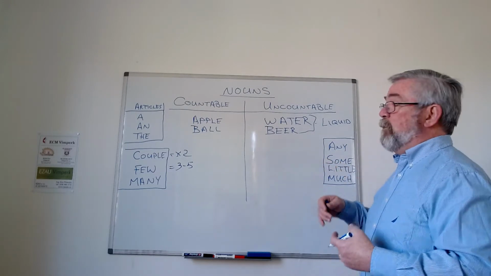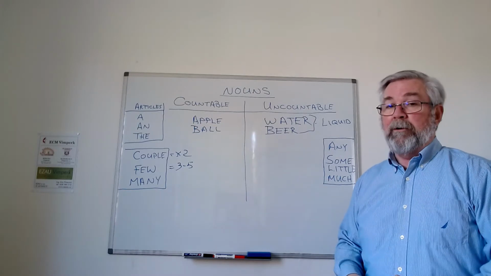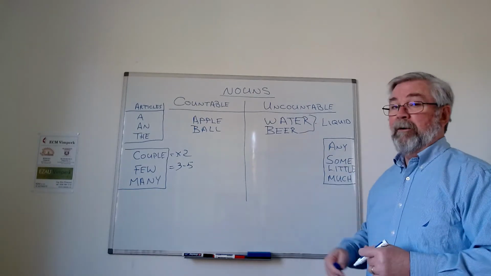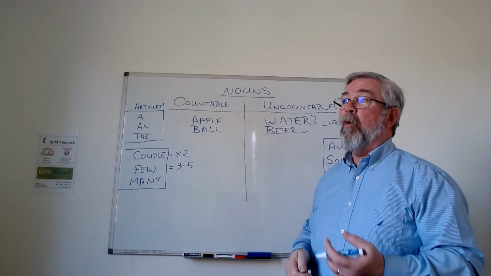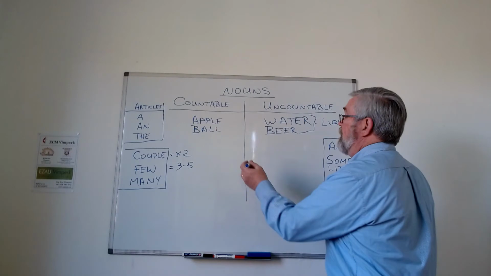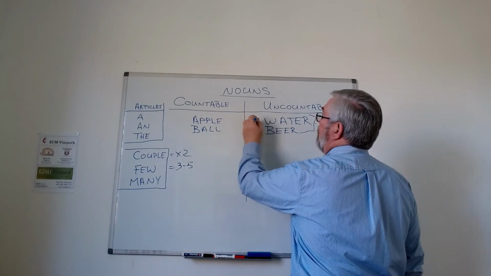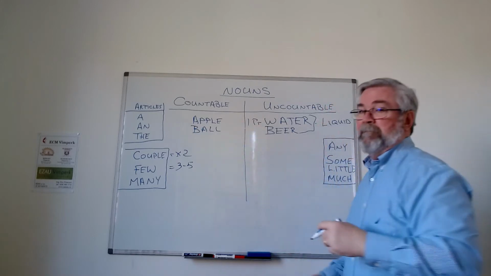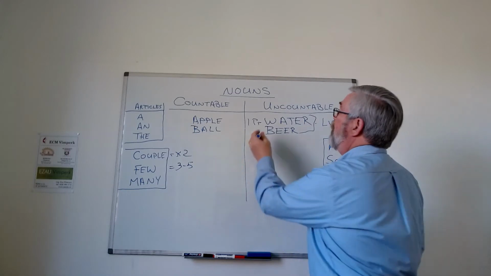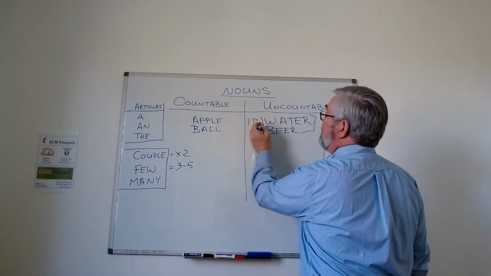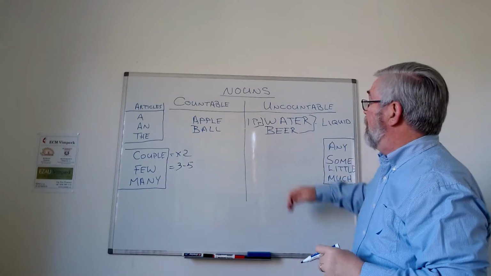But if you wanted to make a statement, you would say, I need some water, or I need some beer. Or you put a quantity in front of it. Maybe one pint of water. For example, you have to put a quantity in front of what the liquid is.